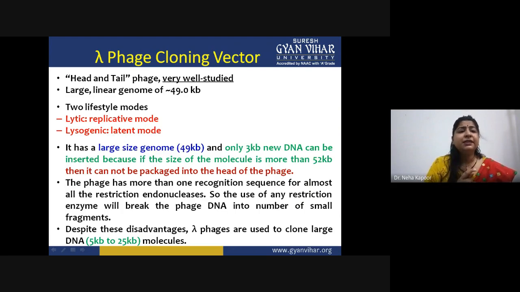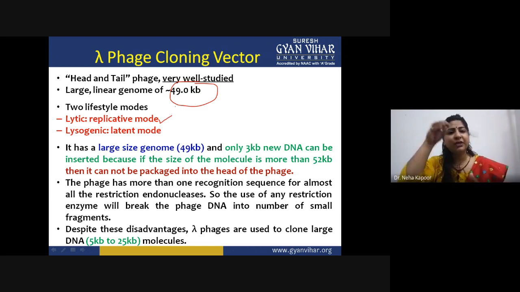When you want to use this lambda phage as a cloning vector, this head and tail phage has a very large genome of 49 kb in size, and there are two lifestyle modes. It can directly undergo the lytic cycle, which is a replicative mode.